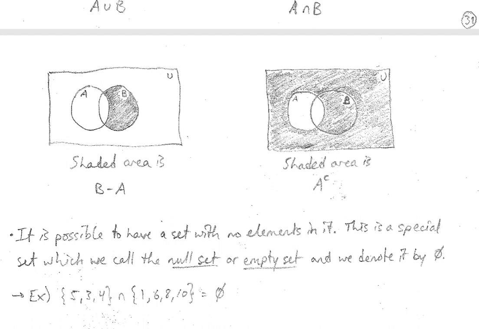Both sets don't have a 1, a 3, a 4, a 5, a 6, an 8, or a 10 in common. So if we call this set A, and this set B, this is a case where the intersection is the empty set or the null set.